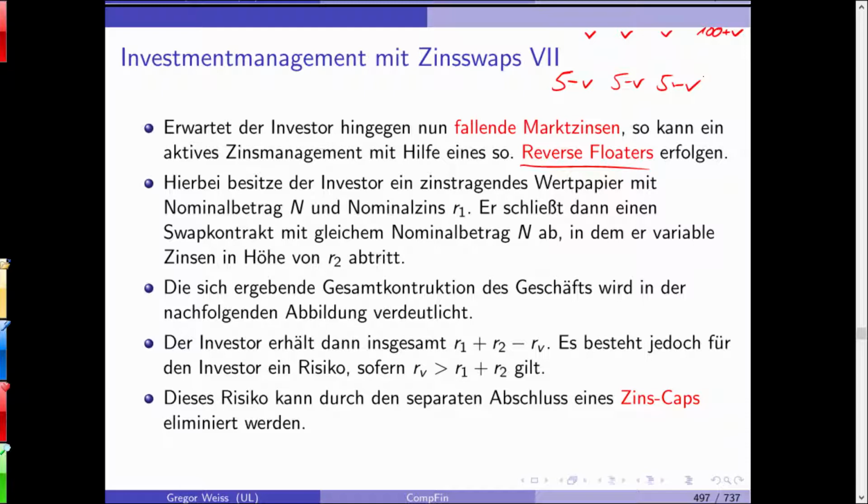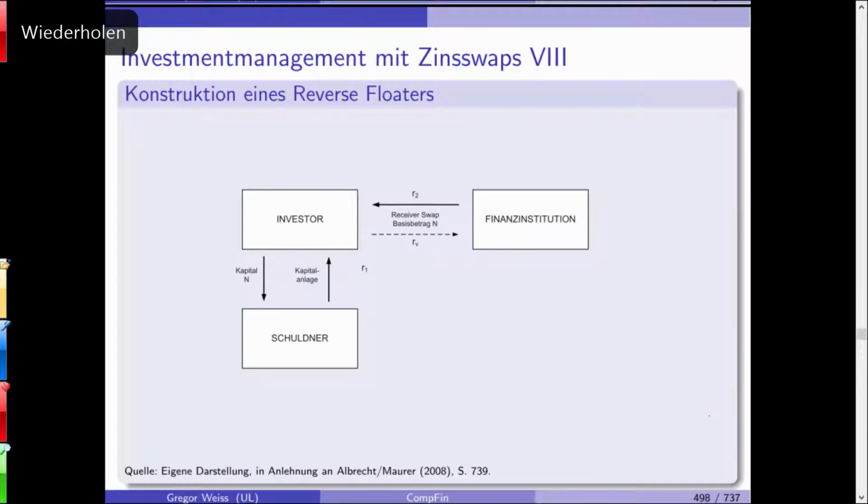And then, if you are expecting falling interest rates, you can buy a reverse floater, and you can also do something that is called an interest rate cap. A cap is just a contract.